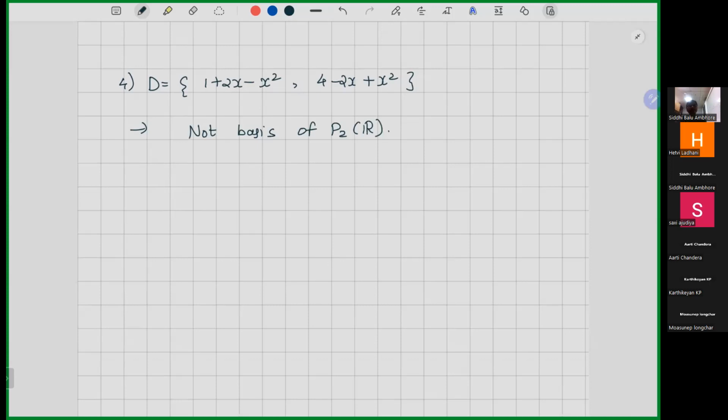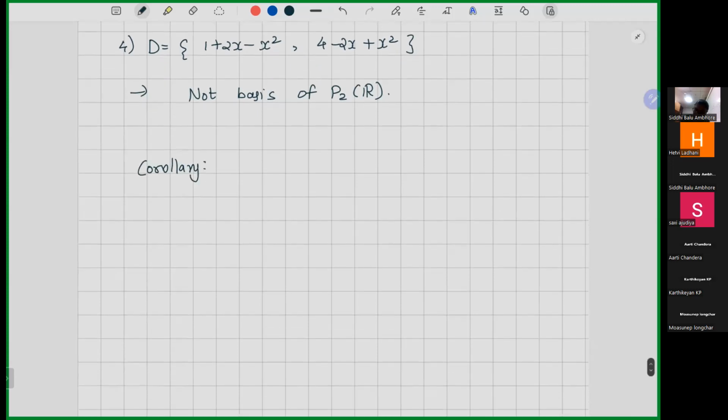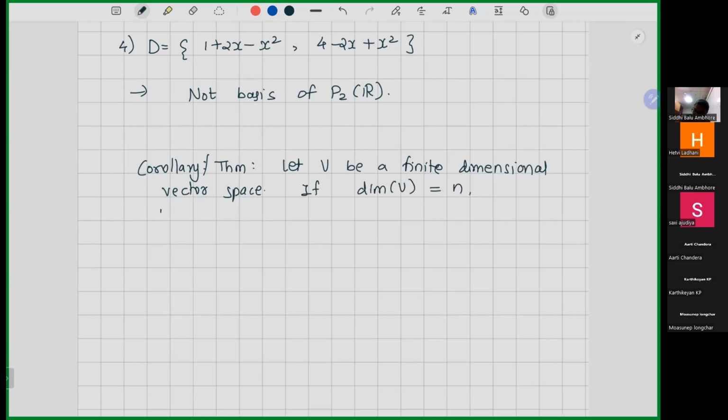And one of the corollaries of the replacement theorem said that, let V be a finite dimensional vector space, and if the dimension of V is some n, then any basis beta of V has cardinality or size n.